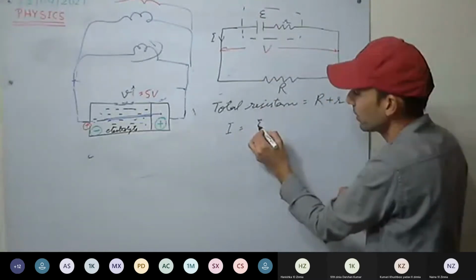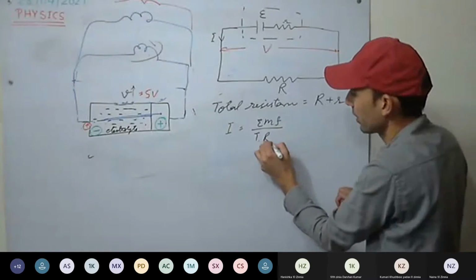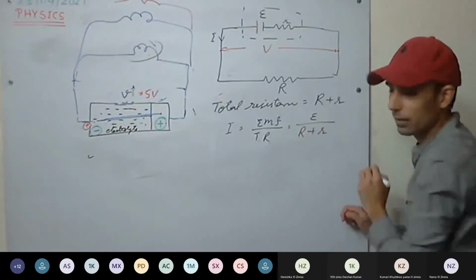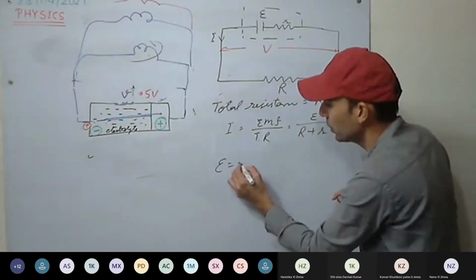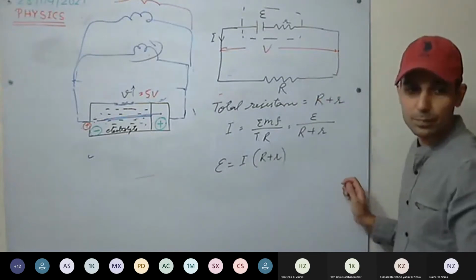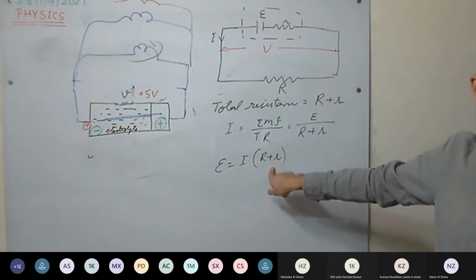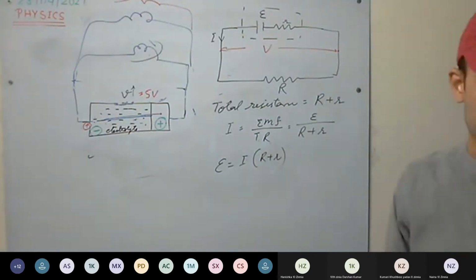EMF divided by total resistance, so epsilon divided by R plus r. Or we can write EMF equal to I into R plus small r. This is clear.